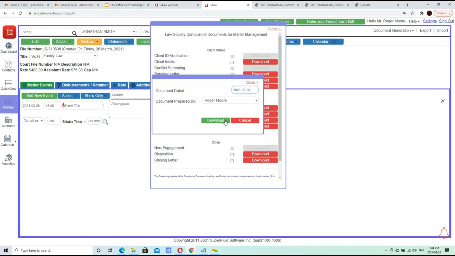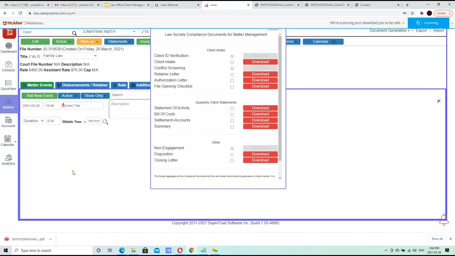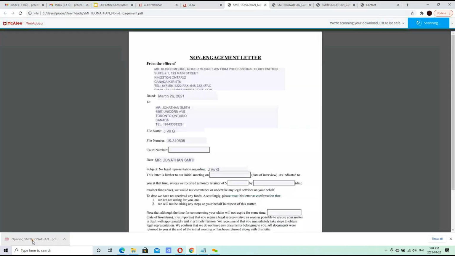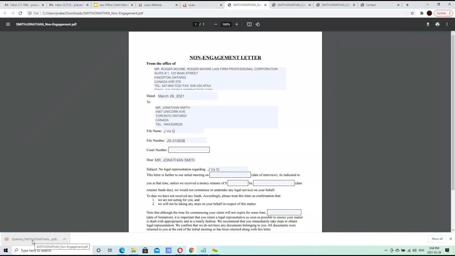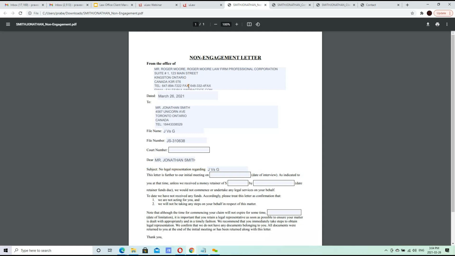Non-engagement letter. Of course, a great example of how you put a logical closure to say you did have a conflict. So here's a templatization, again, provided by the Law Society. What we've done is we've pre-populated data as and when you've captured it.